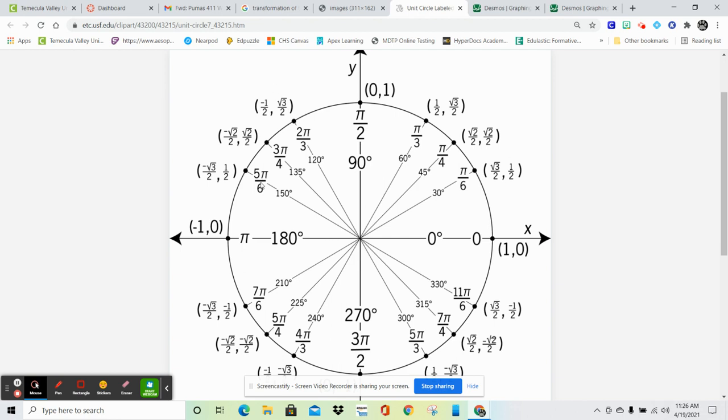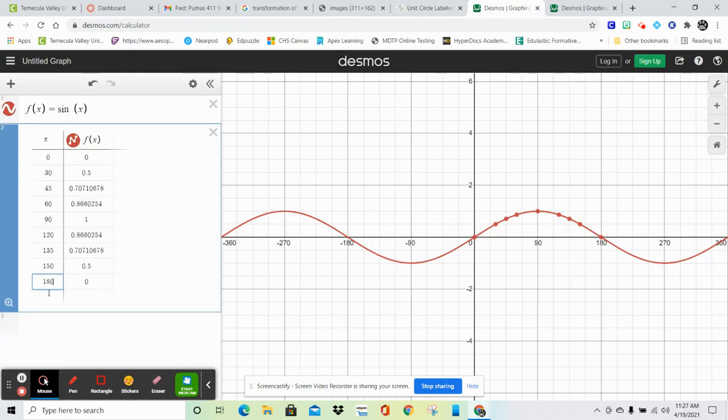Even the 1/2s are helpful. They're at least easy enough to plot on the graph. So I would also want to do 270 degrees, and then 360 degrees. And so you can see these points start to populate on the graph here. And these are in degrees.